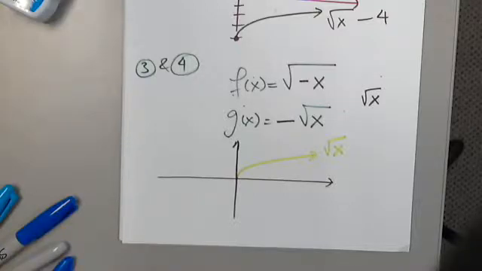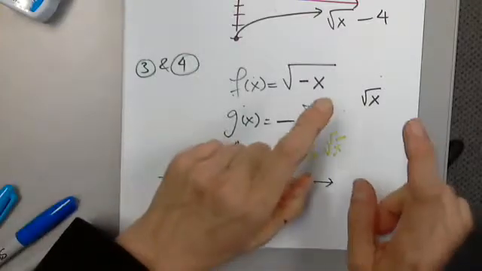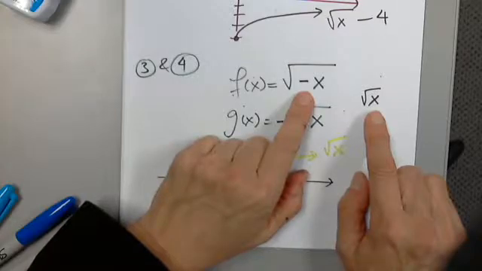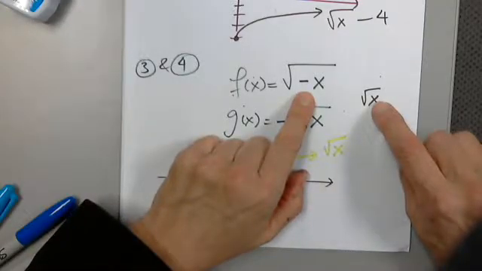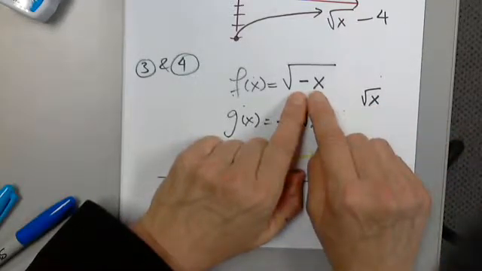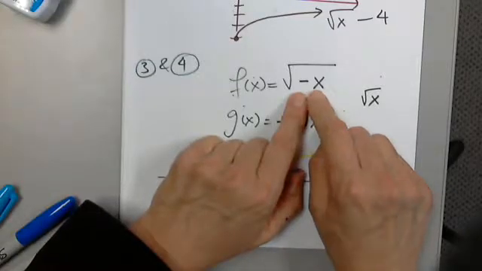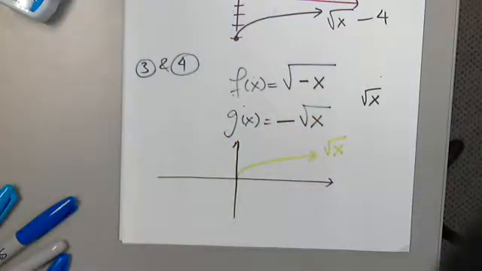Let's talk about f. What are we changing? From x, we are changing it into negative x. This cannot be a shift, right? We're not talking about shifts anymore.